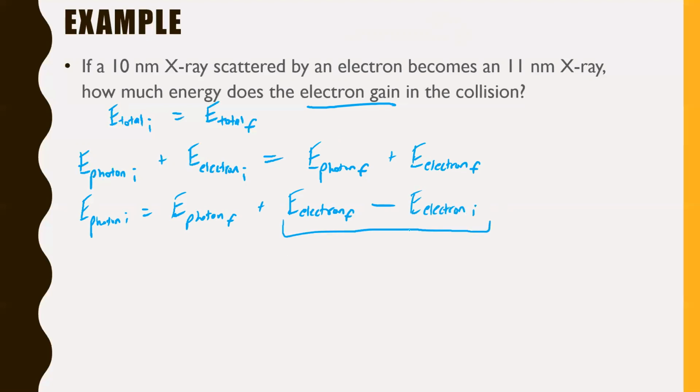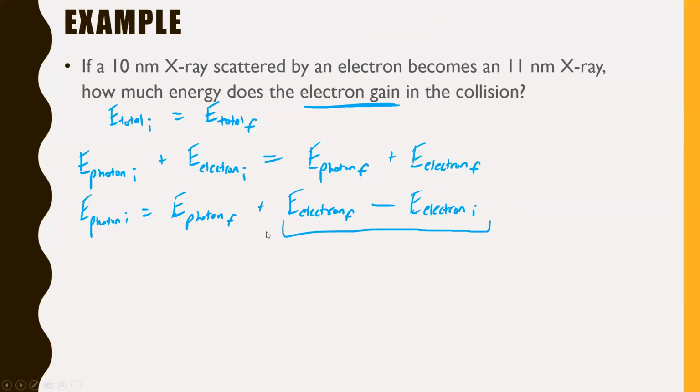This chunk right here, your final electron's energy minus your initial electron's energy, that's your gain in electron energy. So that right there, we can just call that electron gain. So why don't we say that it's just E photon I equals E photon F plus E electron gain, okay? Now, before I go any further with that though, let's think about what the energy of a photon is.